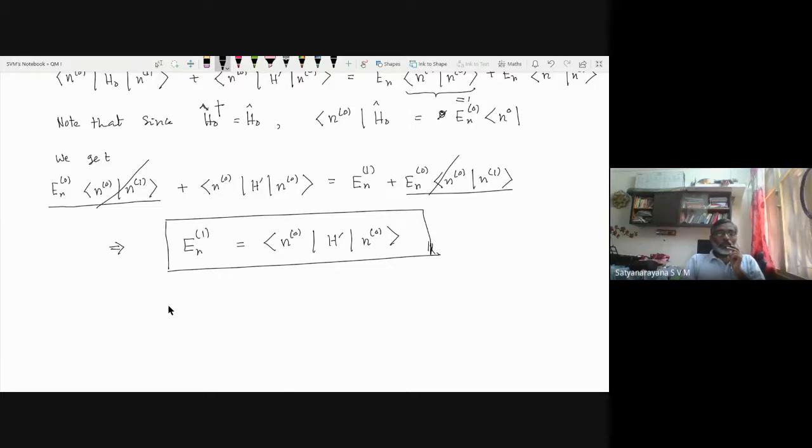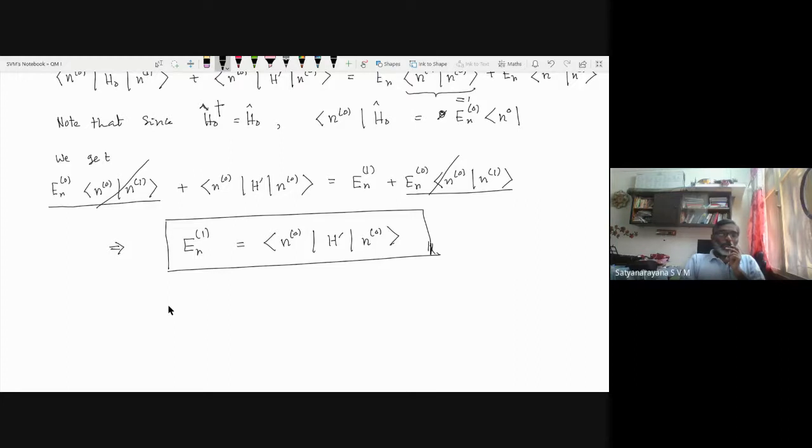So now you see that we have obtained an expression. We know n0 and we know H prime, correct? So the first order correction for the energy is equal to the expectation value of the perturbed Hamiltonian with respect to the unperturbed energy eigenstate.